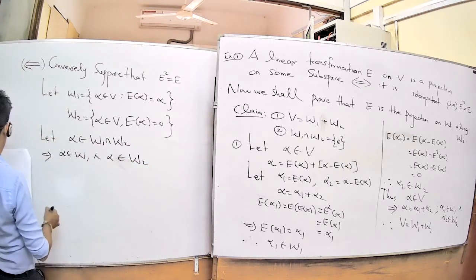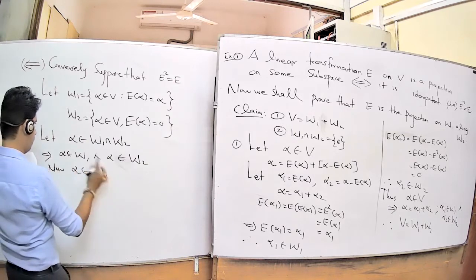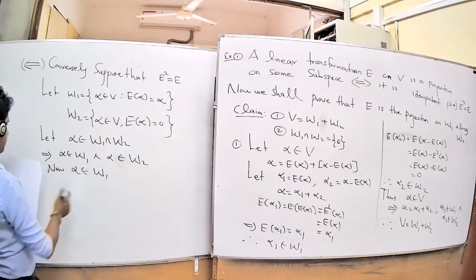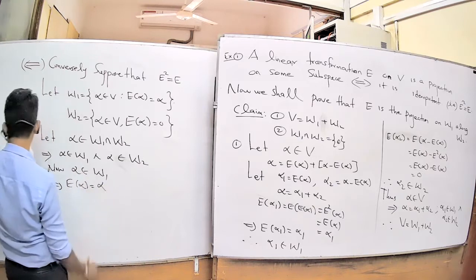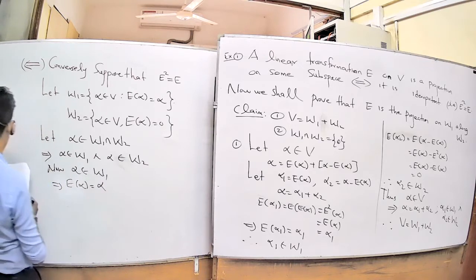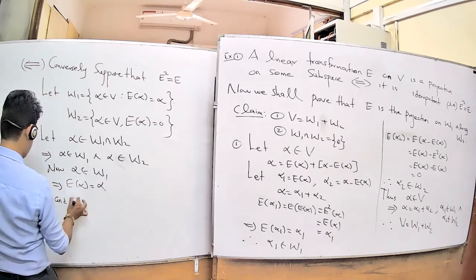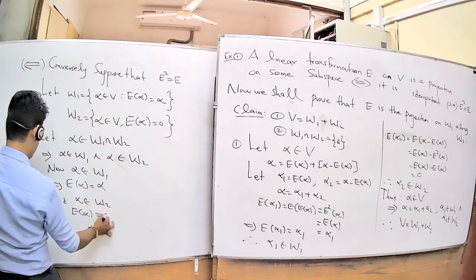Alpha belonging to W1 means the condition is E alpha equal alpha. Also, alpha belonging to W2 means the condition E alpha equals 0.